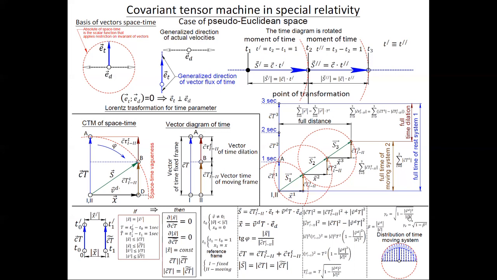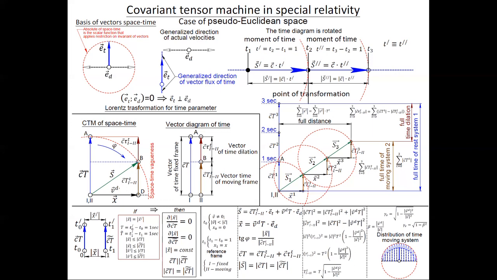If the vector of actual velocity is equal to 0, then the diagram changes into the identity of proper time distance ct and s. From now on, s is equal to ct.